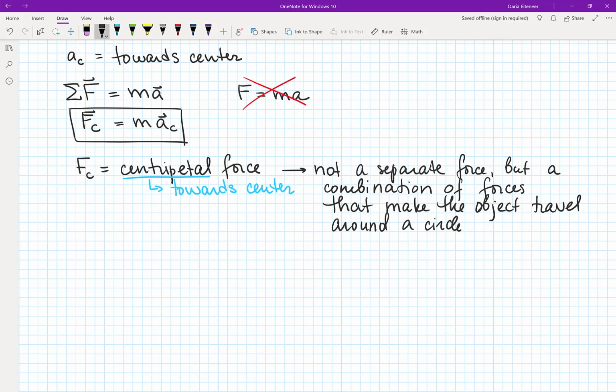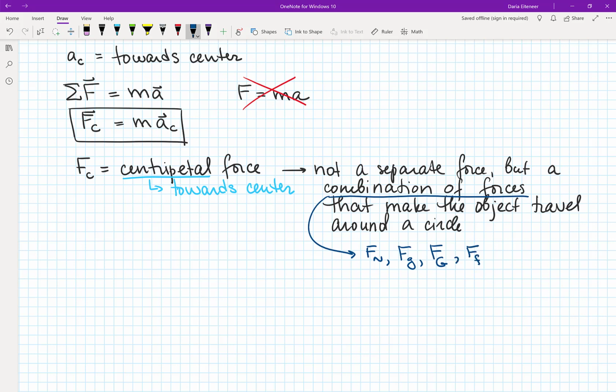Okay? And when I say combination of forces, it really depends on the situation, but some examples would be normal force, gravitational force, this other gravitational force that I'm going to write as F with a capital G, and we'll see what that means in a little bit.